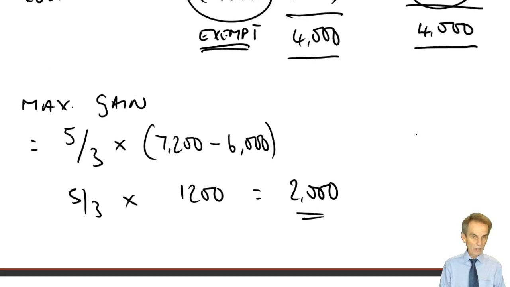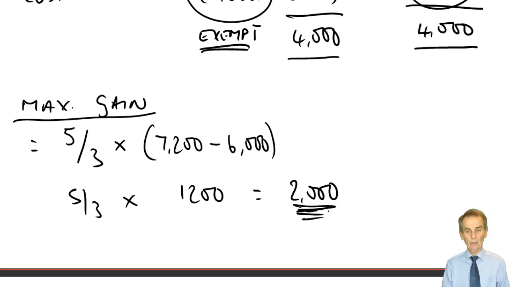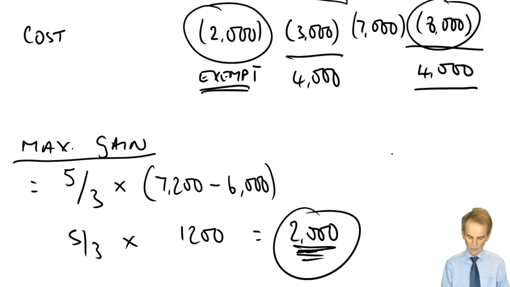Now then, which gain do we use? This is the maximum gain here. So if this figure, as it is, £2,000, is less than the actual gain, then that is the figure to use. If this maximum gain had come out as a figure bigger than the actual gain of £4,000 there, we would simply use the actual gain. This is a maximum.